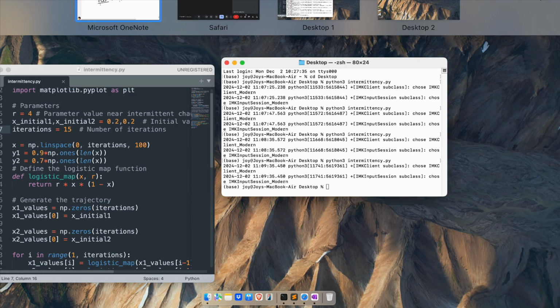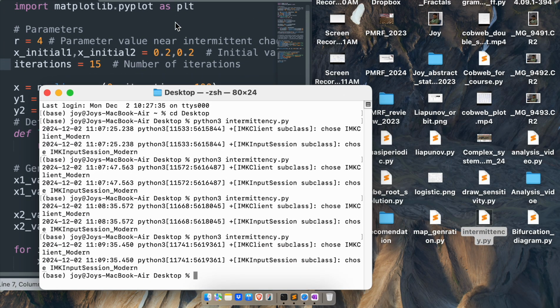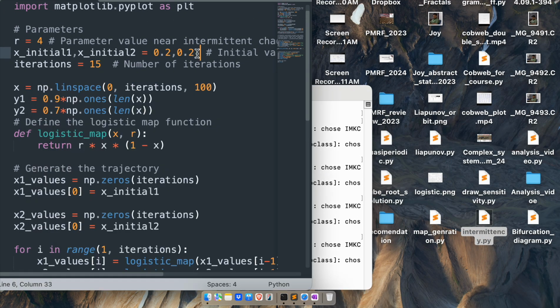Let's see again on one example. So here let me draw 0, 0.5.